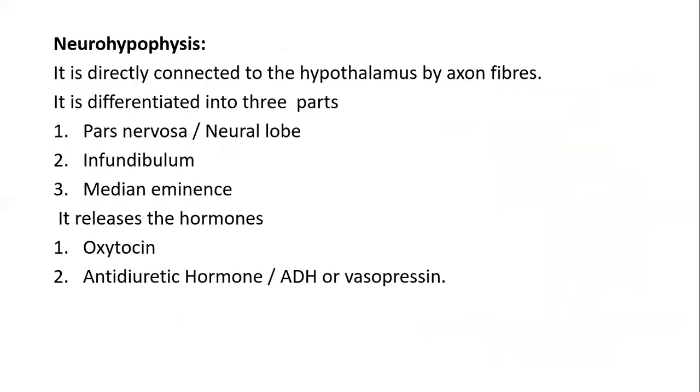Now, let us see the hormones of neurohypophysis. Neurohypophysis is differentiated into three parts: pars nervosa, which is known as neural tube, then infundibulum and median eminence.